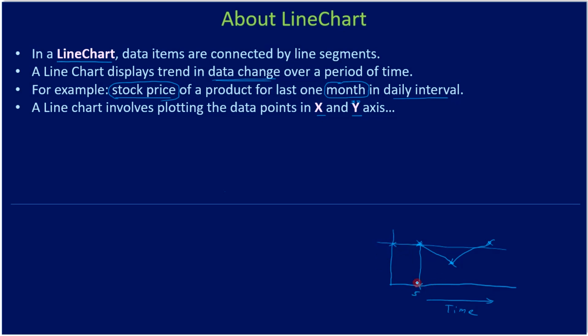Time scale is here and price is here. Usually the standard way of denoting it is a time series on the x-axis, or the horizontal line, and the price value on the vertical line. And by plotting the data points, you can connect the line segments to form the line chart.